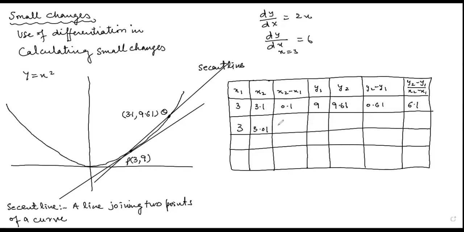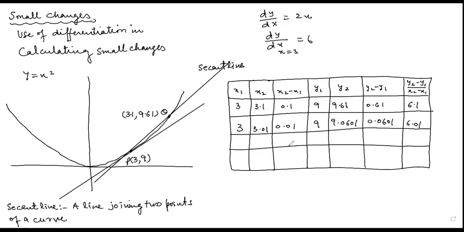Now change in x is 0.01. y1 is the same, 9. Now x2 is 3.01. We put 3.01 into this equation to get the value of y. The value of y is 9.0601. Now change in y, y2 minus y1, is 0.0601. When we divide y2 minus y1 by x2 minus x1, the gradient of the secant line is 6.01.